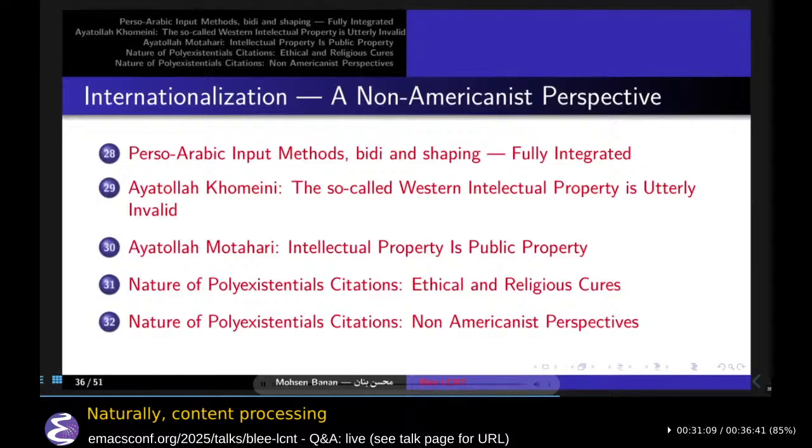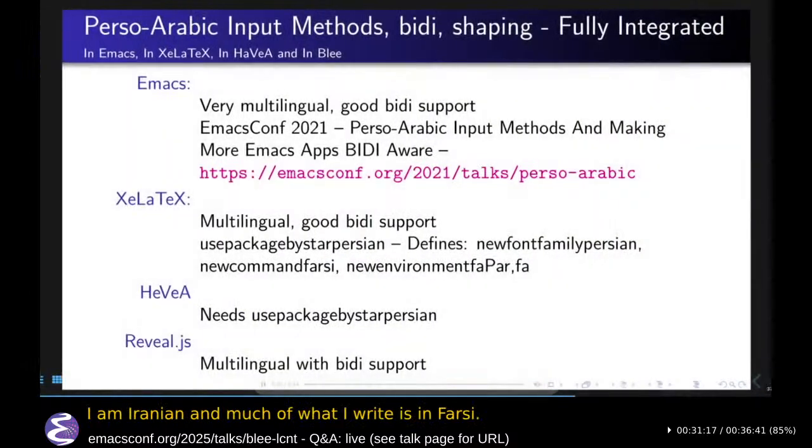Naturally, content processing should be multilingual and internationalized. Let's look at that dimension. I am Iranian, and much of what I write is in Farsi. Getting Perso-Arabic text right is often a challenge, as it involves bidirectional text, BiDi, and shaping of characters.